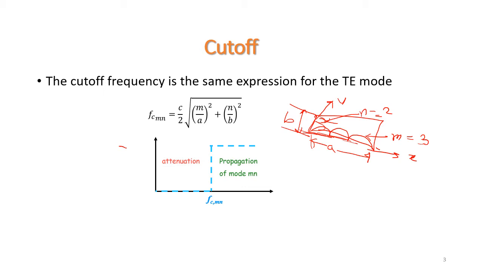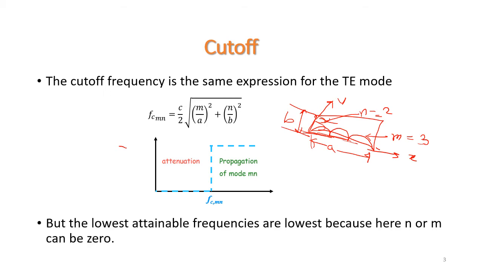This is the cutoff frequency, fcmn. These characteristics resemble those of a high pass filter. So we can say that a waveguide resembles a high pass filter.